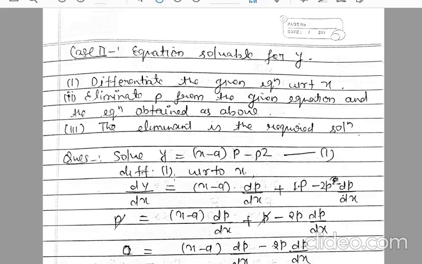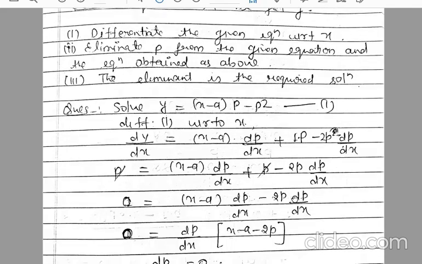So differentiate one with respect to x. So dy upon dx is equal to, with respect to x, that means u into v will be applicable. So (x minus a) dp upon dx plus, x differentiation is 1, so p, minus 2p dp upon dx.